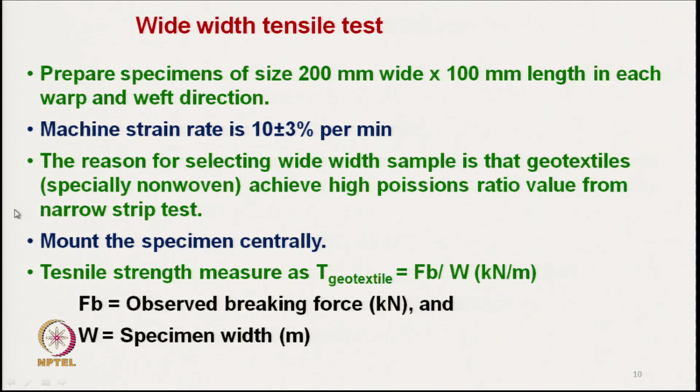To reduce the Poisson's ratio, we perform the wide width test, where the sample is mounted centrally and tensile strength is measured in terms of kilonewton per meter. So, per unit width we get the tensile strength value. In the strip test for apparel, we do not get it in this form, normally we get it in terms of gram per tex or centinewton per tex format.